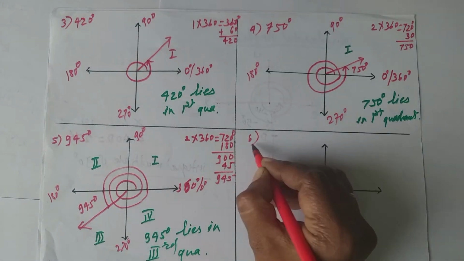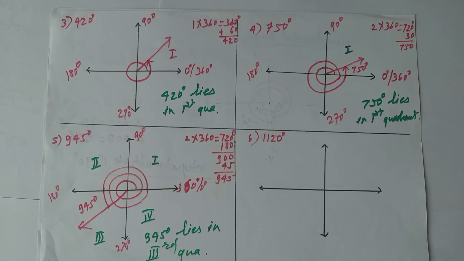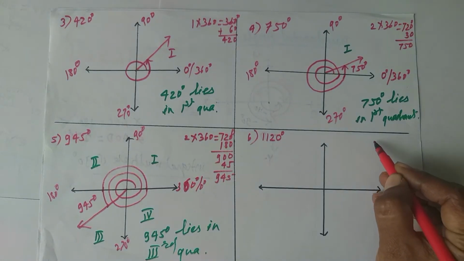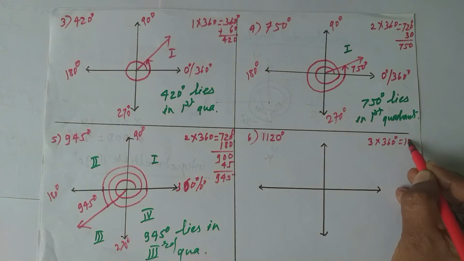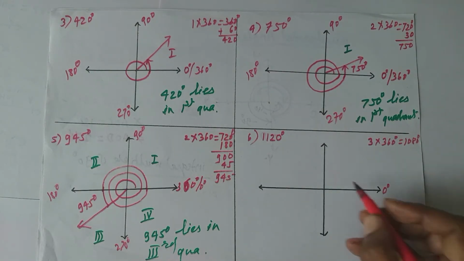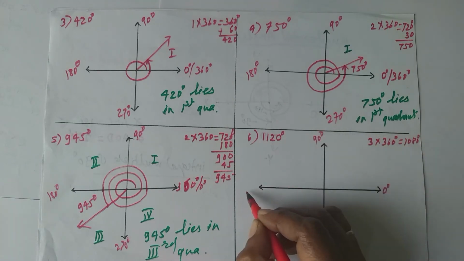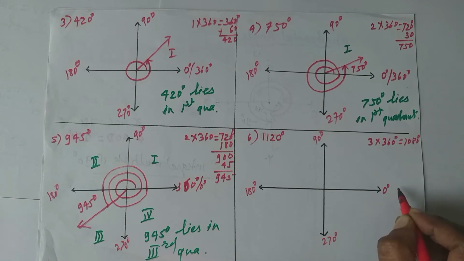Suppose here an angle of 1120 degrees is given. Now see here, if there are three rotations of 360 degrees, then an angle of 1080 degrees forms. Write down here again 0 degrees, 90 degrees, here 180 and here is 270. After completion, here is 360 degrees.